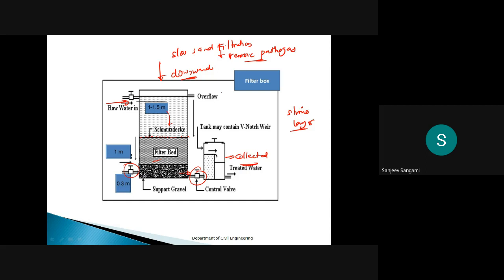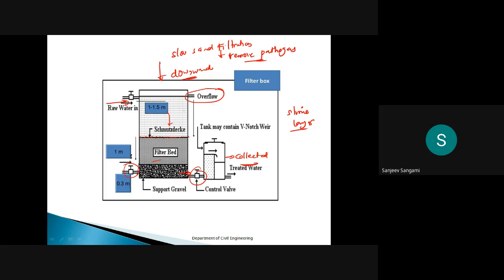And here an overflow valve will be provided. Most of the time, if the filter bed is going to block with the help of this slime layer, then the overflow is going to happen. So there you have to provide one separate channel to release the overflow water.